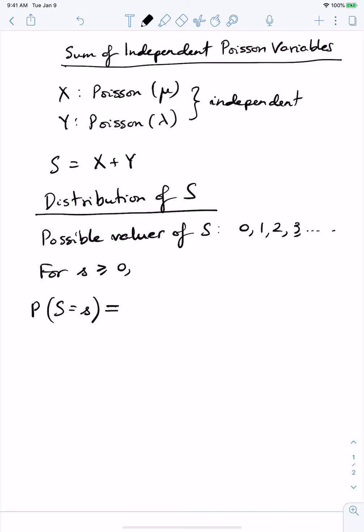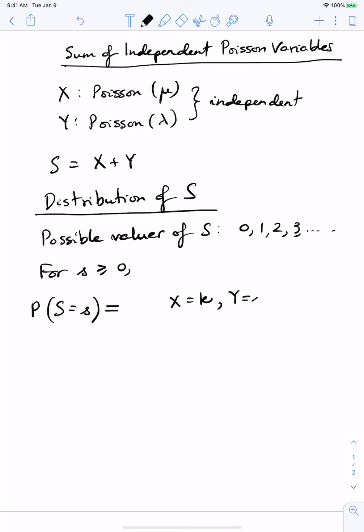Now the random variable S is a function of two random variables, and there's really only one way to deal with this, which is to see what those two random variables have to be to make this event happen. So X had to be something, and then Y had to be something else that makes the event happen.